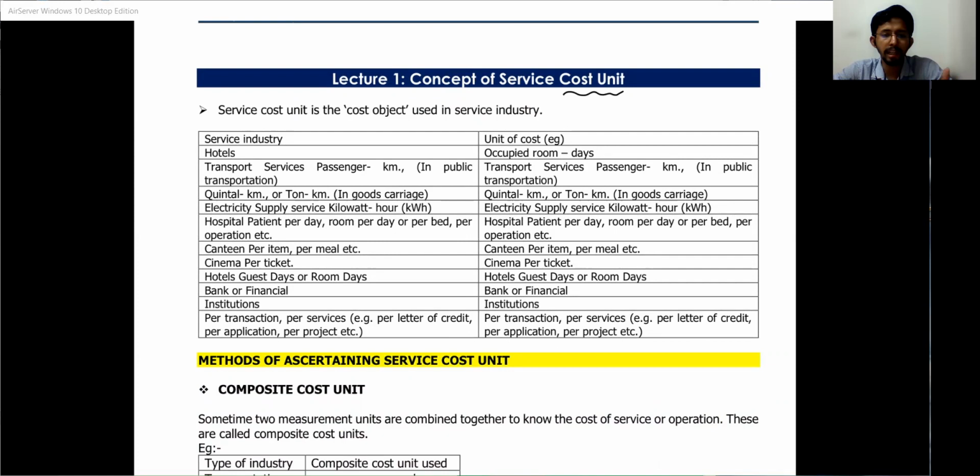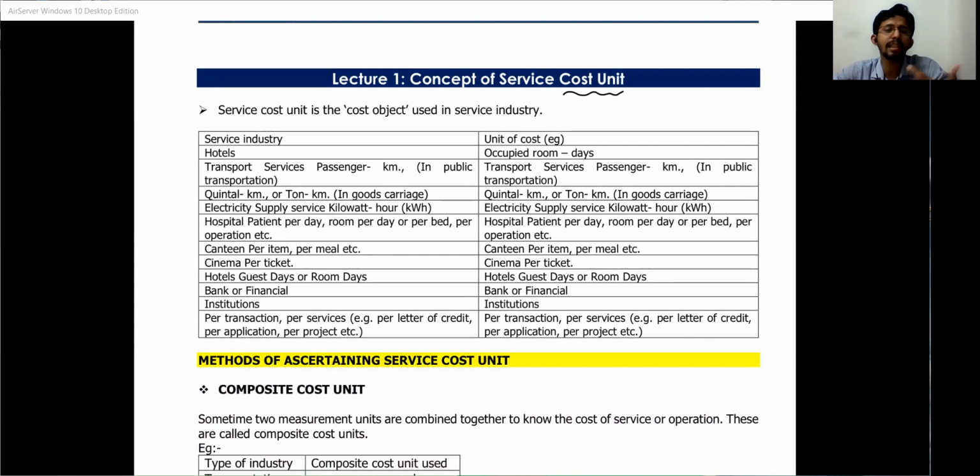For example, if you are selling a particular good, let's say sugar, then the cost object will be sugar. And what will be the cost unit? The cost unit corresponding to sugar will be either kilogram or ton, whatever weighing measure you use.